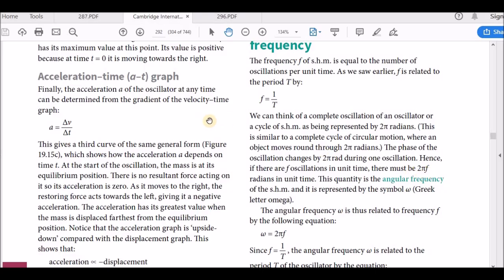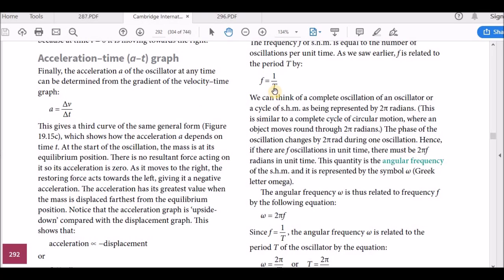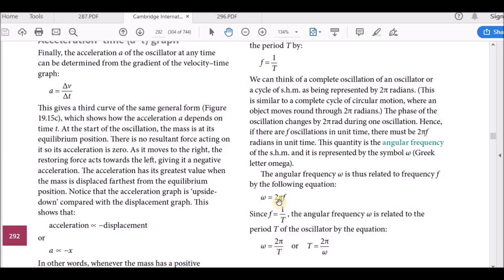Now what we can also do is replace the f with 1 over T, since you know the formula f is equal to 1 over T. They already have it here: T is equal to 2 pi over omega, or omega equals 2 pi over T. But before that, we'll see this one.